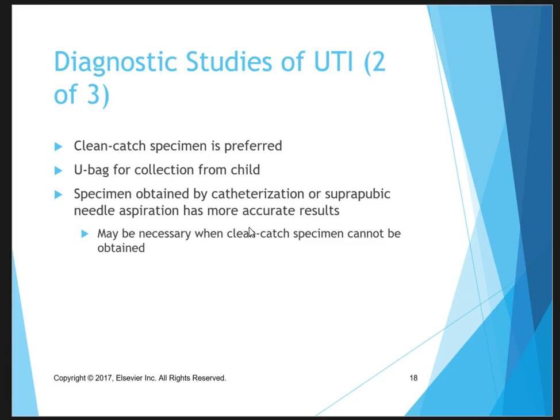It's not the most ideal because obviously it's not a clean catch. We're getting what we can. So the most accurate results are obviously going to be a cath or a suprapubic needle aspiration because you're getting it directly from the source.